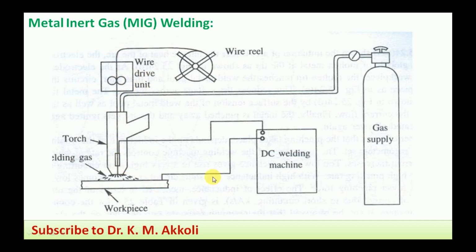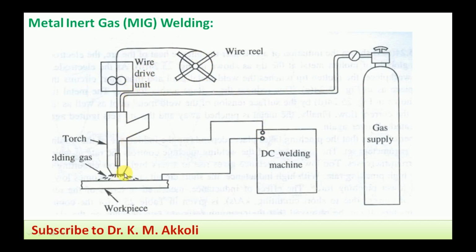Initially, the workpiece is cleaned for welding purposes. Then the electric circuit is switched on, and the gas supply is started. Then the supply of the electrode is also started.